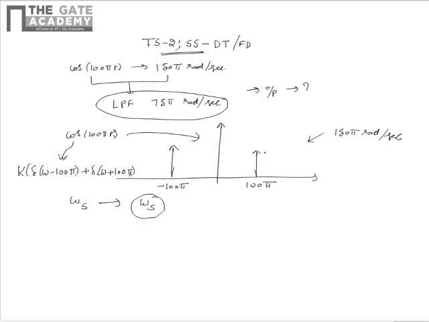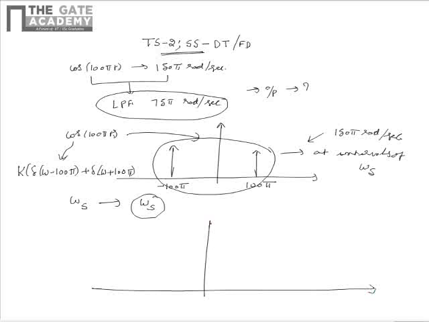So from this we see that in the frequency representation of the sampled signal we will have the frequency representation replicated at intervals of omega s. From this we can say that the frequency representation will get modified as shown.